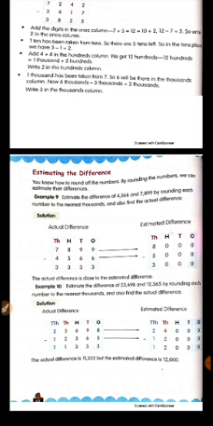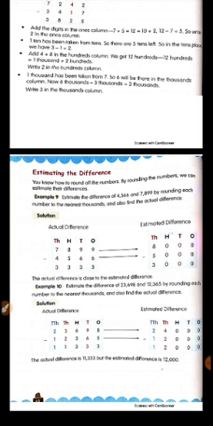In the first example, example 9, it is given: estimate the difference of 4566 and 7899 by rounding off each number to the nearest thousand, and also find the actual difference.